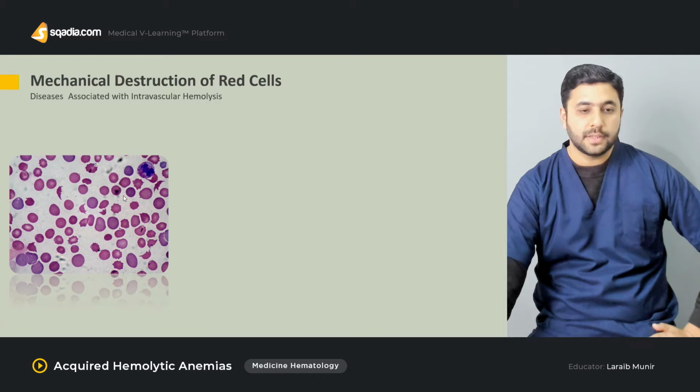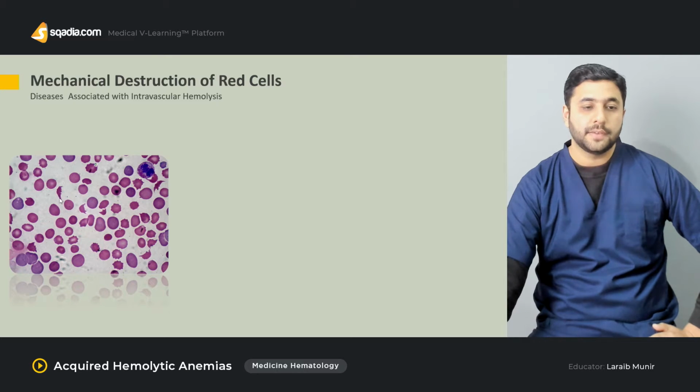As you are seeing, there are some normal RBCs, and in between these normal RBCs are these small RBCs, in which you can see that they have two pointed ends and a normal elliptical body. This is generally called a helmet cell or a schistocyte.